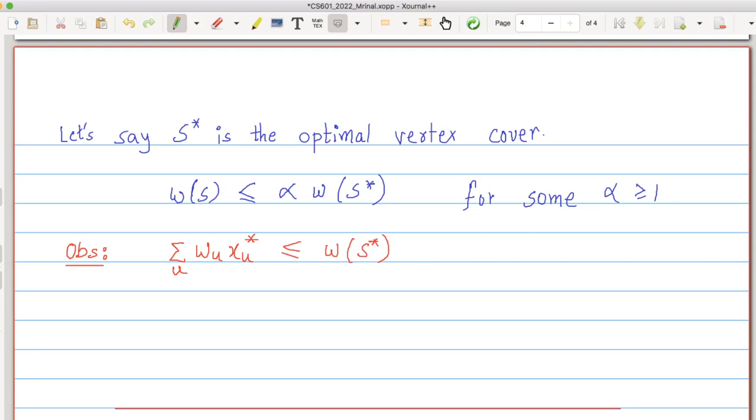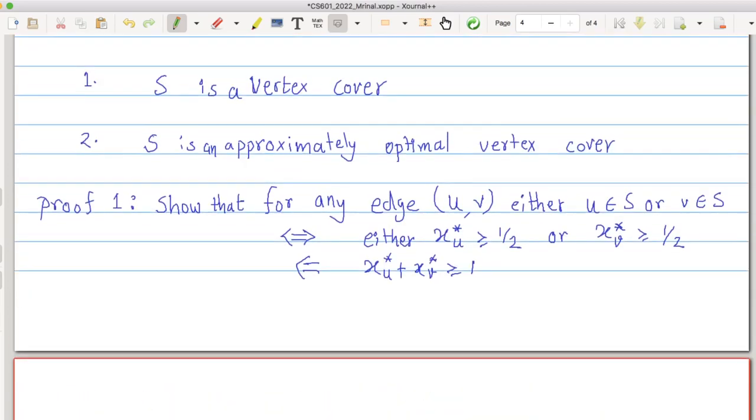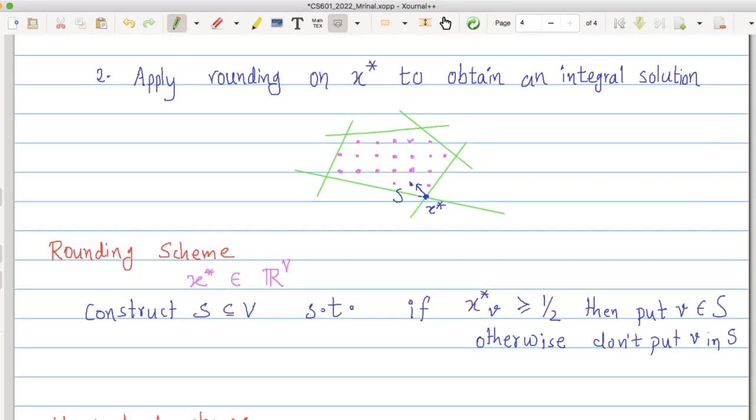Now why is this true? It is true because we know that S star is a feasible solution for the LP.